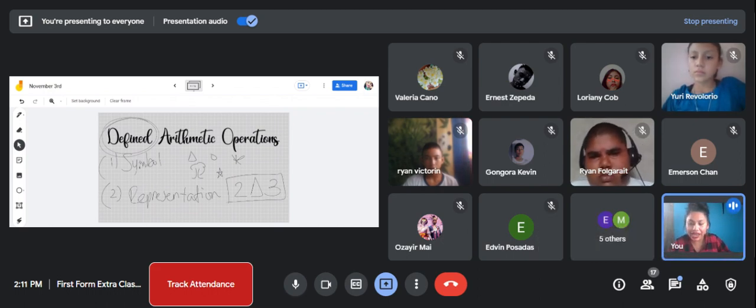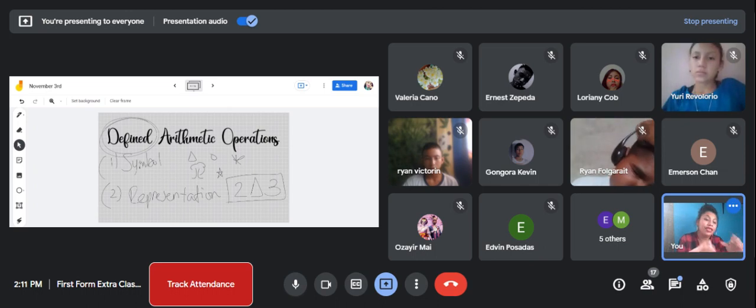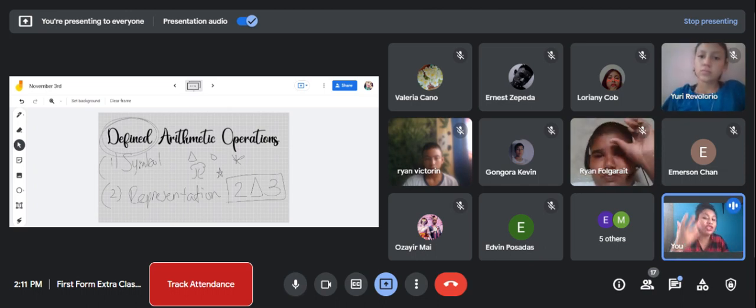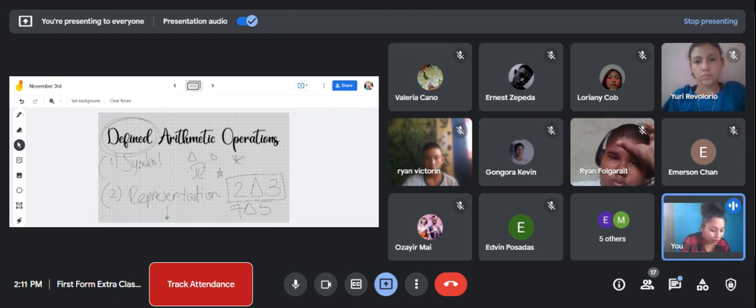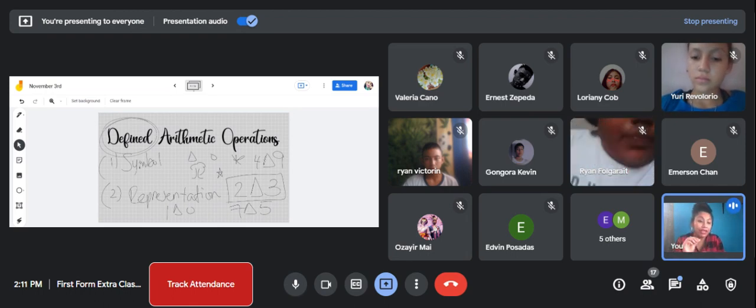And every time that you see that symbol, that is what it is going to mean. So it doesn't matter if I give you 7 triangle 5, 1 triangle 0, 4 triangle 9, you're going to be doing the same thing. I'm going to double the first number and add it to the second number. And you're going to repeat that process every time that you see that symbol for that question.